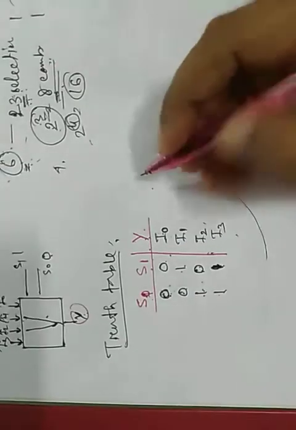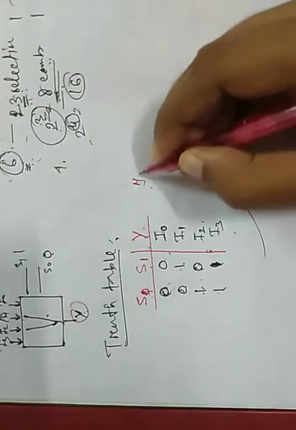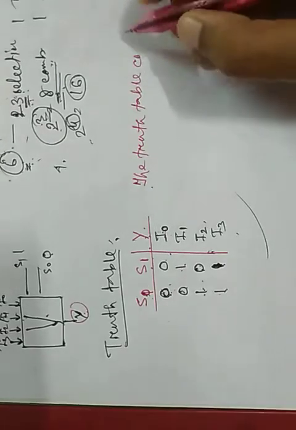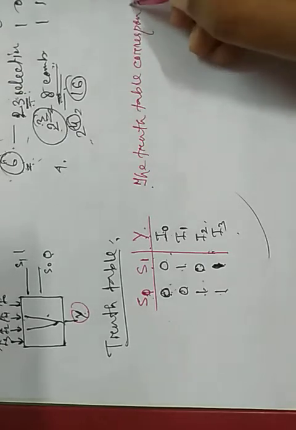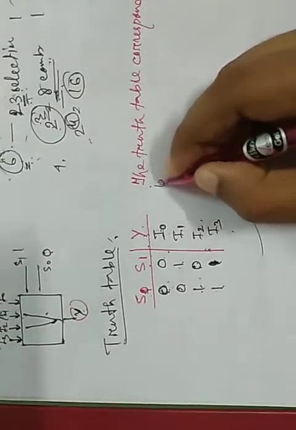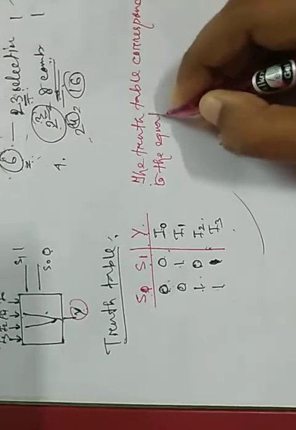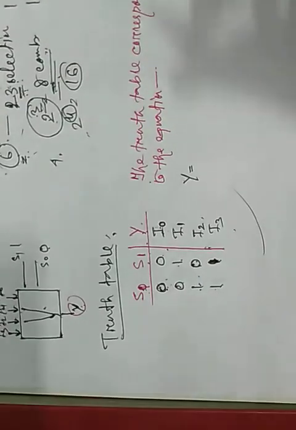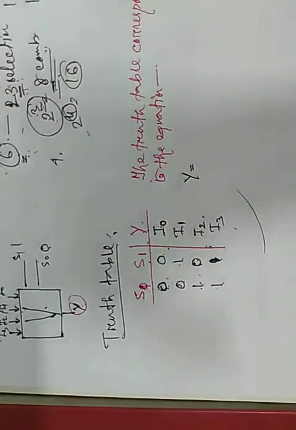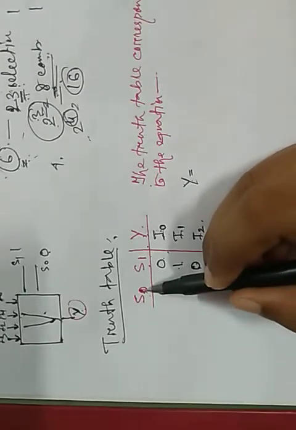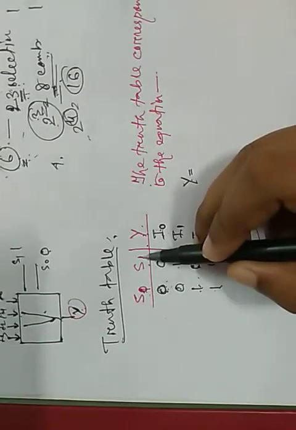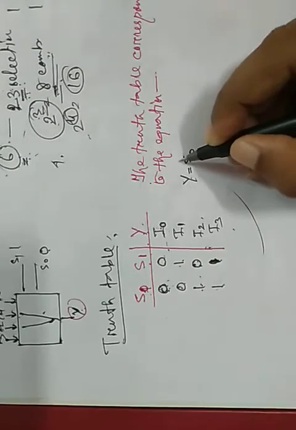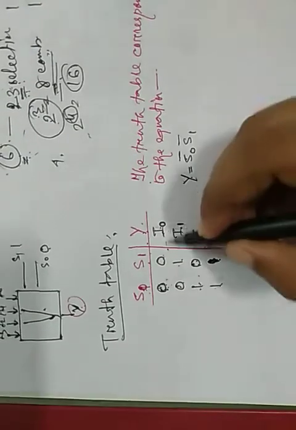Therefore, the truth table corresponds to the equation: Y equals, when S0 is 0 and S1 is 0, we take the min term, just see it, S0 bar, S1 bar and I0.